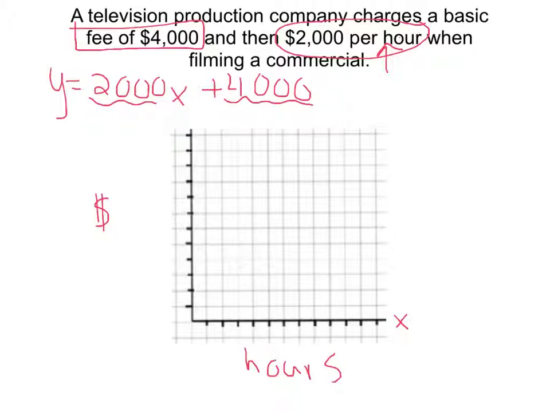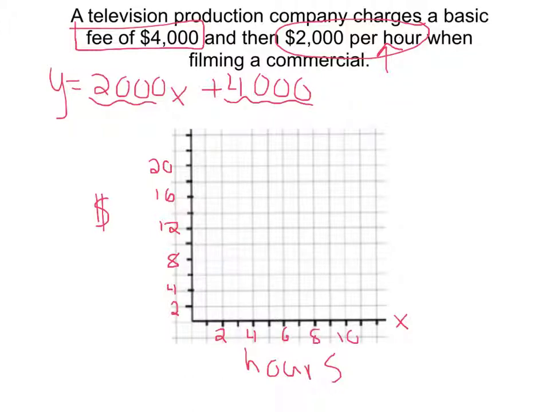So why don't we count by 2's, but know that it's going to be in thousands. 2,000, 4,000. I'm going to skip a line for 6,000, 8, 10, 12, 14, 16, 18, 20. So 20,000. And then hours, we can just count by ones. 1, 2, 3, 4, 5, 6, 7, 8, 9, 10.